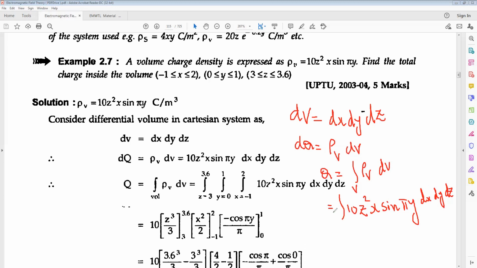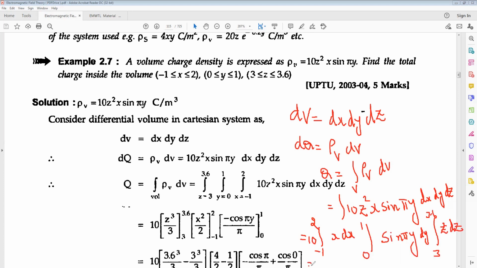So with respect to x one integral, with respect to y another integral, and with respect to z another integral. x varies from -1 to 2, 10 is common, x into dx, and another integral, y varies from 0 to 1, sine pi y into dy, with another integral, z, the limits are 3 to 3.6, z square dz.